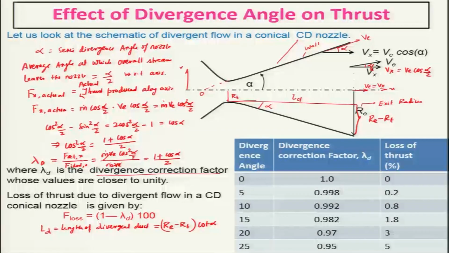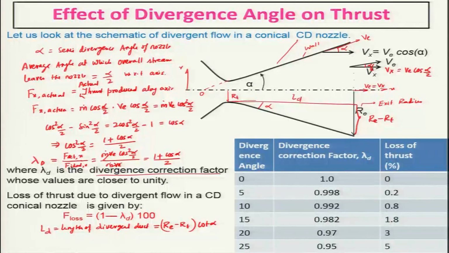So, you can see that as alpha increases, the length of the divergent portion of the CD nozzle decreases. However, for a smaller angle it becomes a very high length, and higher length means the weight will be higher.